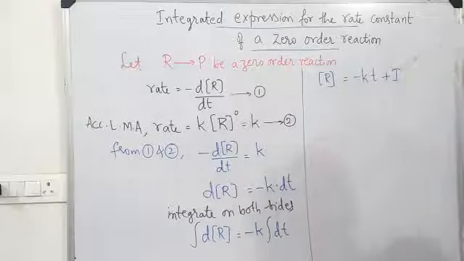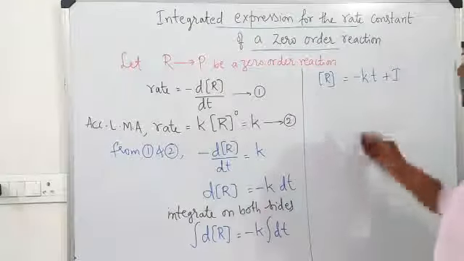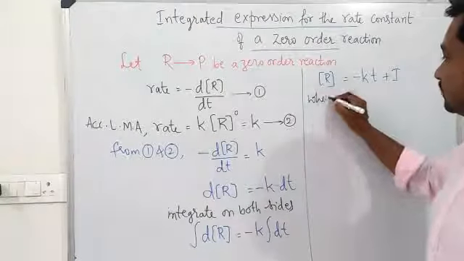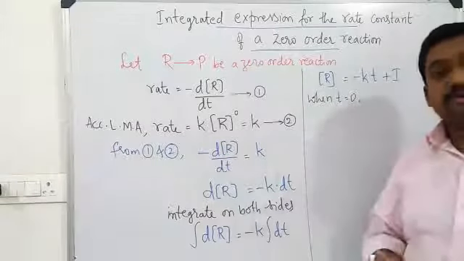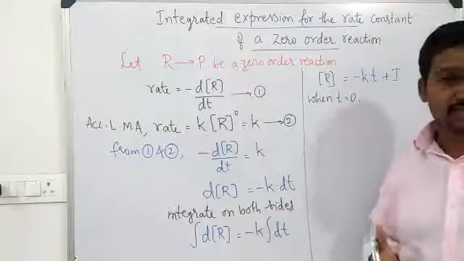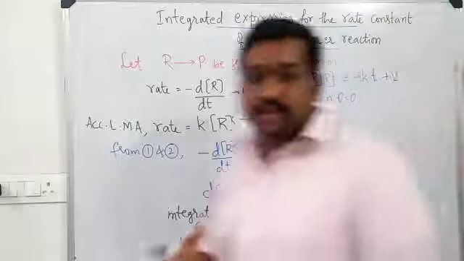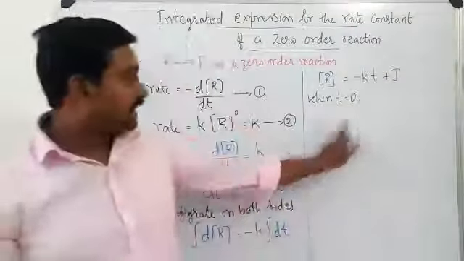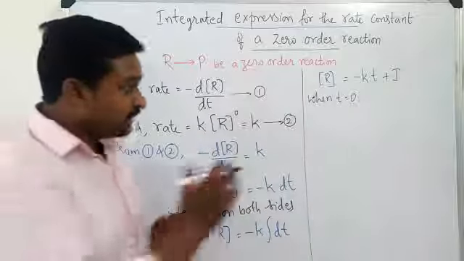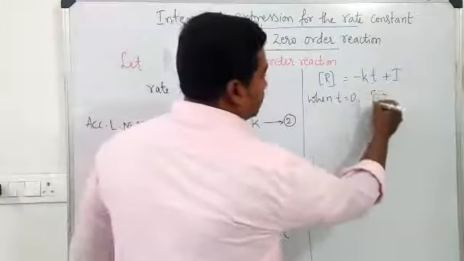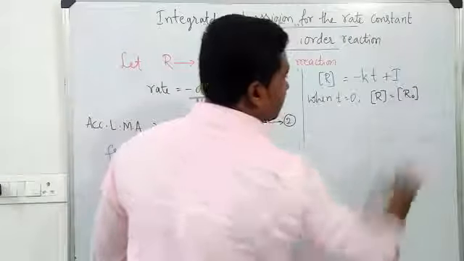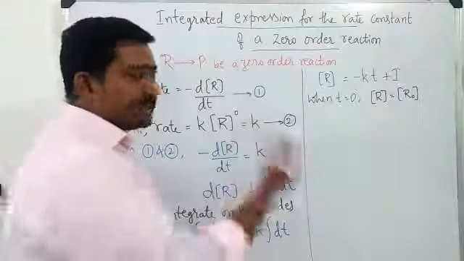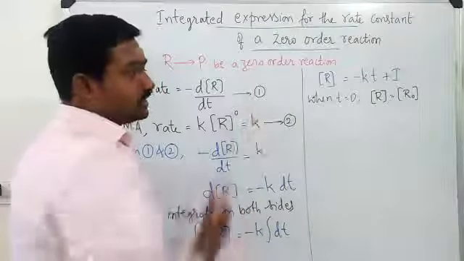So let us find out the value of I. Here I will consider the condition t equals 0. When time is 0, which means the beginning of the reaction, when the reaction has not yet started, the time is considered as 0. At that point of time, the concentration of reactant will be the initial concentration R0. R0 is initial concentration and time is taken as 0.